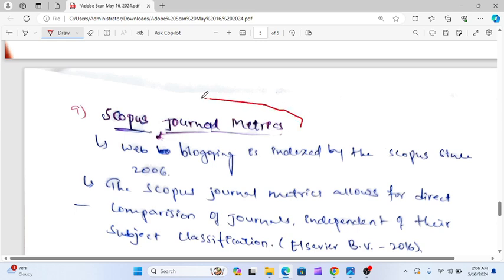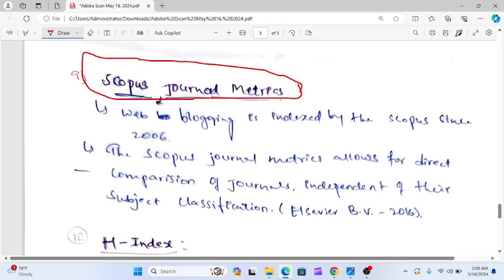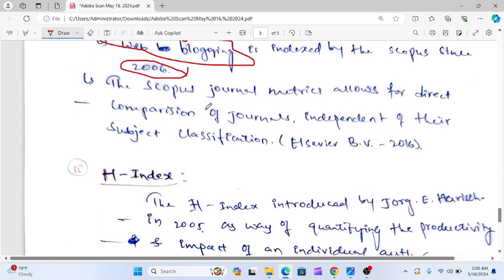Now the Scopus metrics. Scopus indexes web blogging since 2000, and it has been measuring the Scopus metrics from 2006.